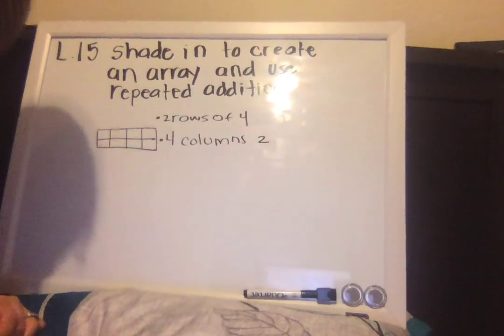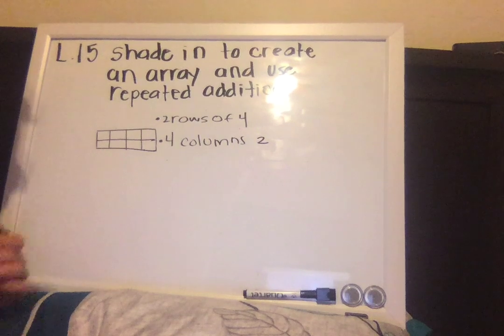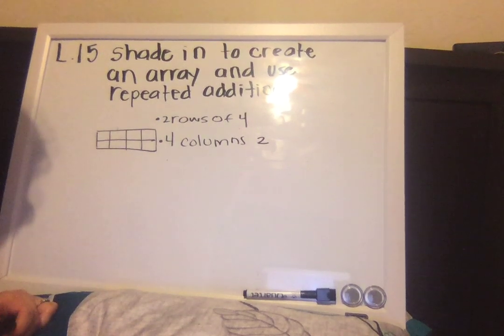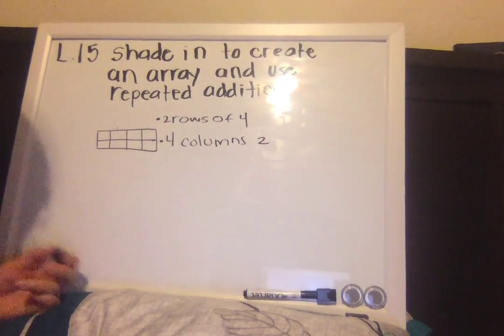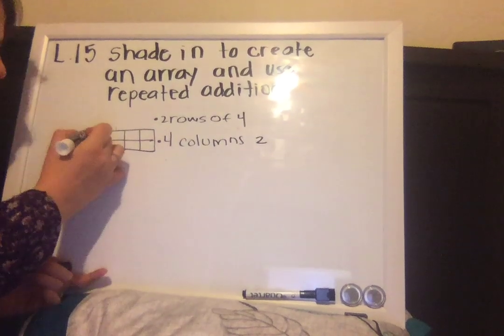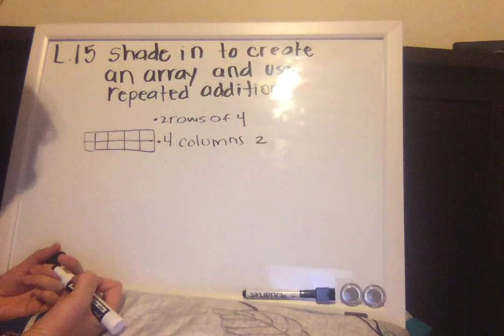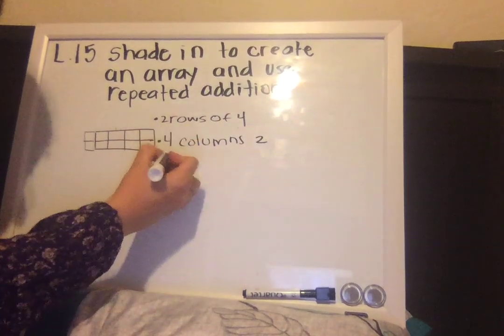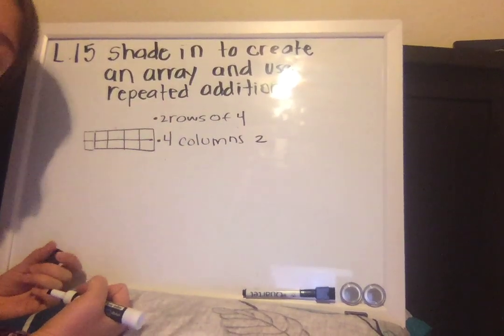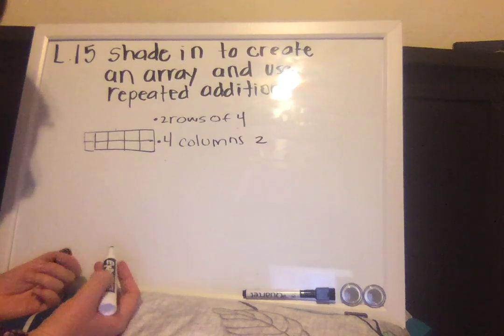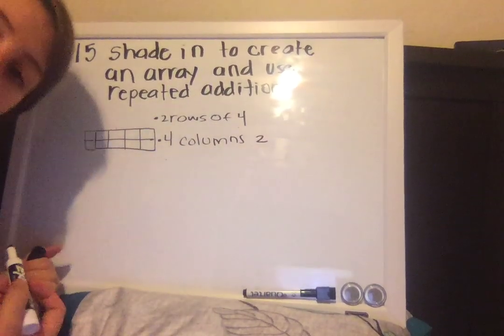So whichever one you decide to use, okay? And they may ask you to draw another column, like in the problems we did before. You can just add it on this side, or you can add it on this side. Whatever they ask you, you just draw it on there and write a new addition sentence.